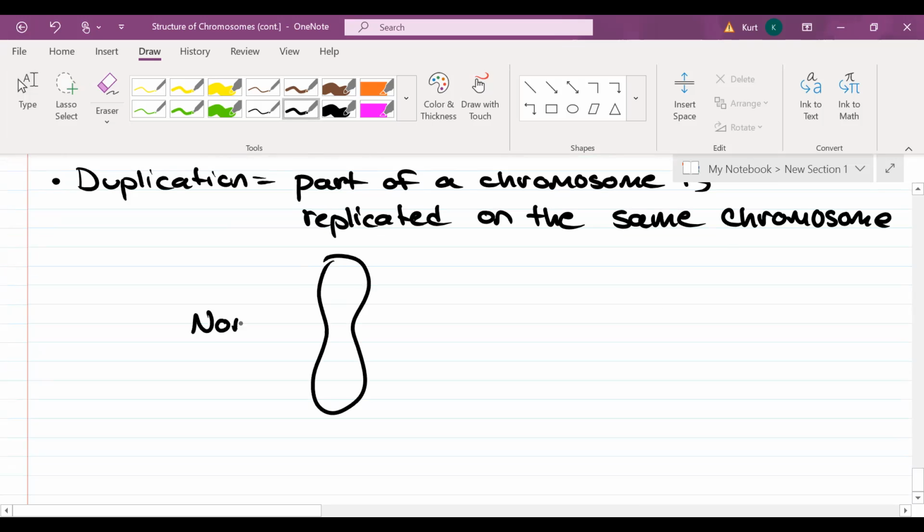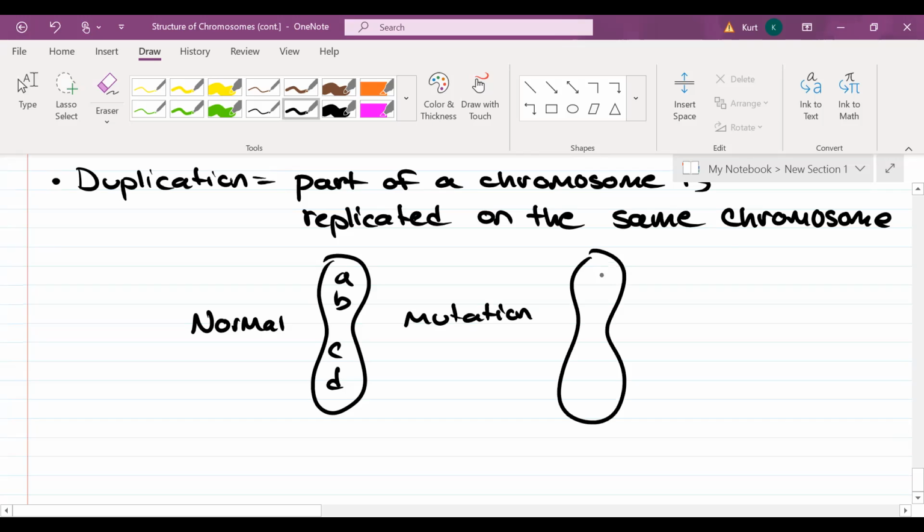So here's a normal chromosome. Let's say it read A, B, C, D. That would be normal. Here's the mutation. A, B, C, D, C, D. It duplicated itself. That's a mutation.